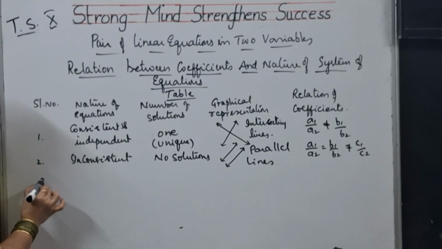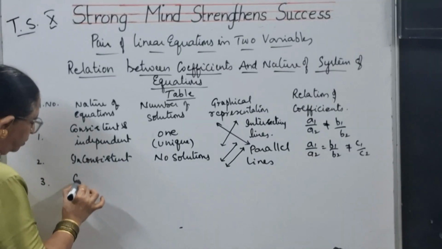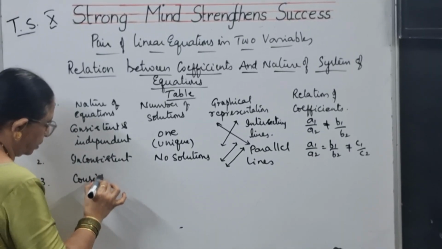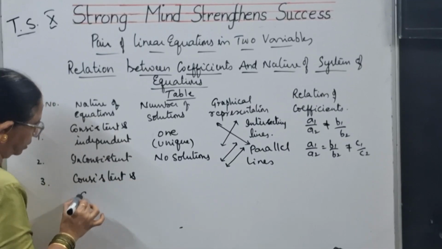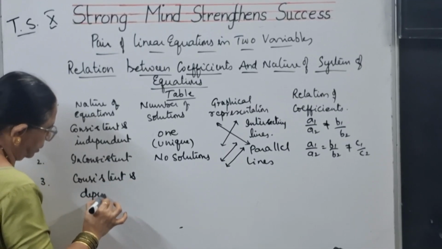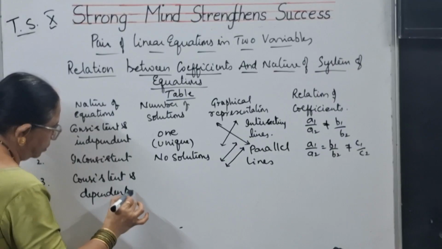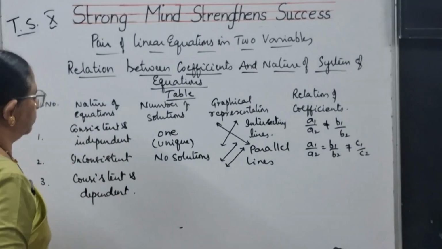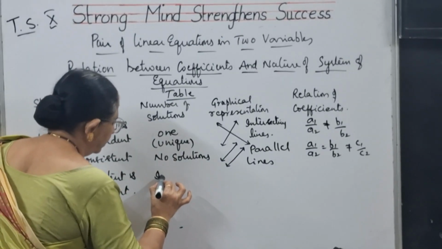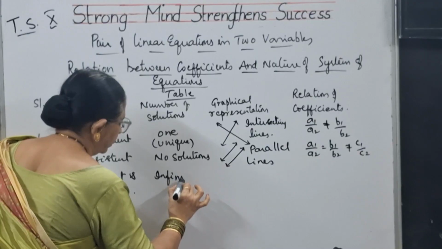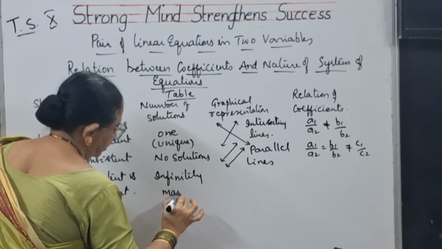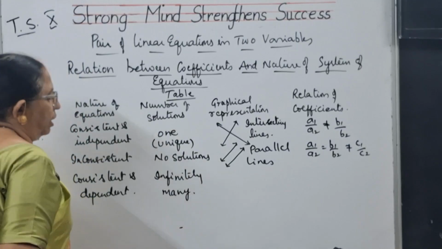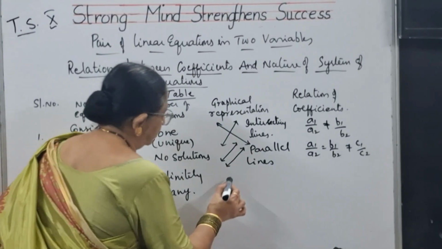Now, the third one, consistent and dependent. Here, how many number of solutions are there? Infinitely many. And what is the graphical representation?